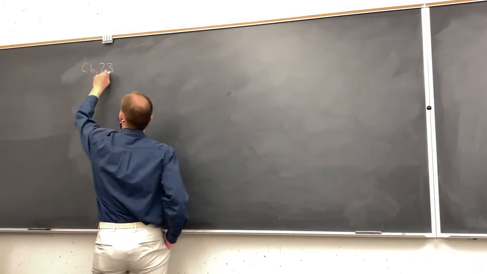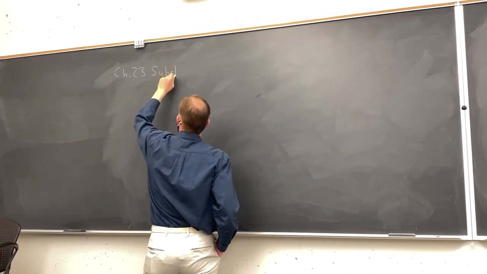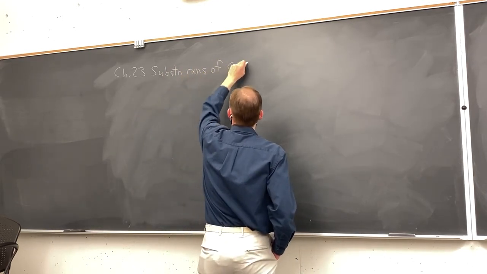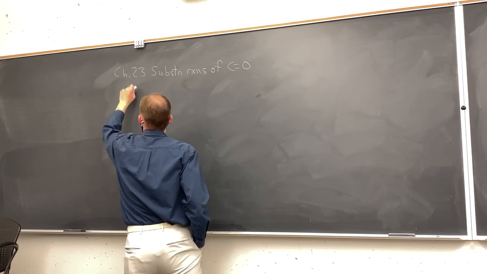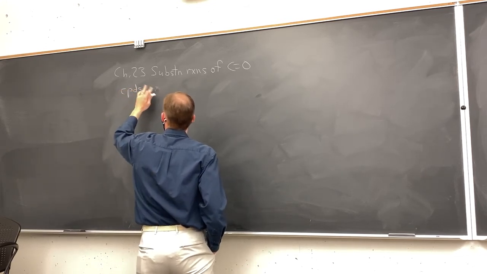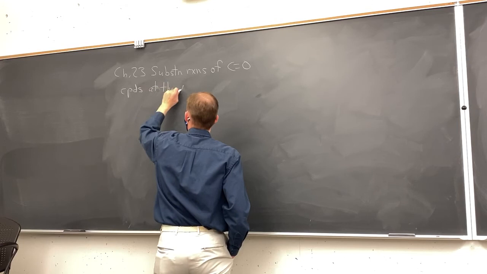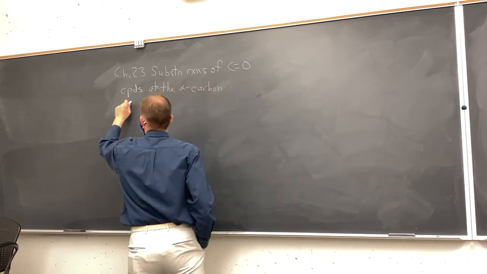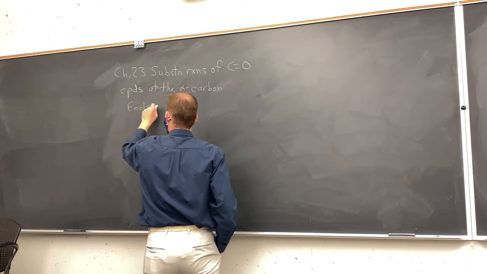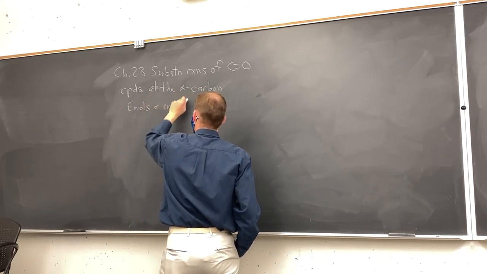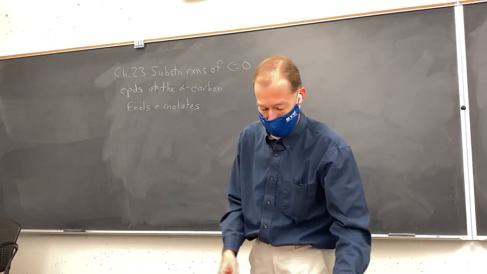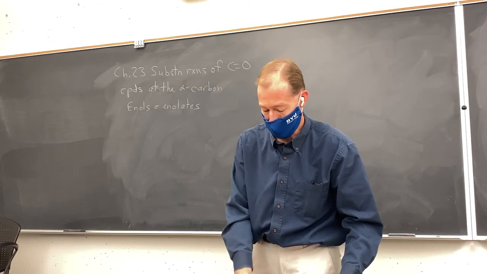Okay, chapter 23, substitution reactions of carbonyl compounds at the alpha carbon. So this is where we learned about enols and enolates. So how they're formed, mechanism, their properties.